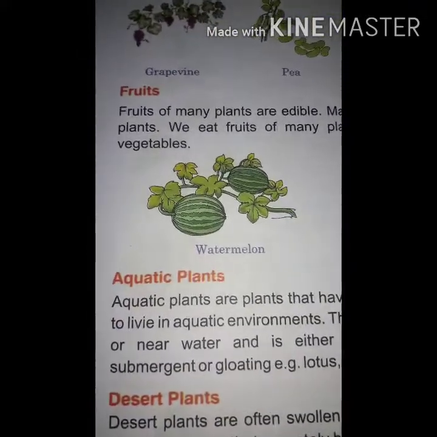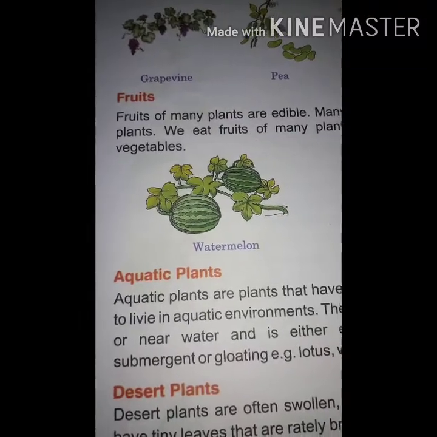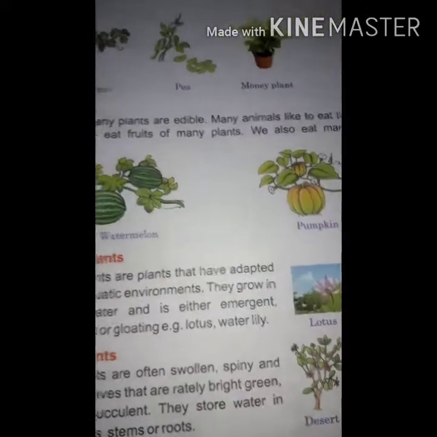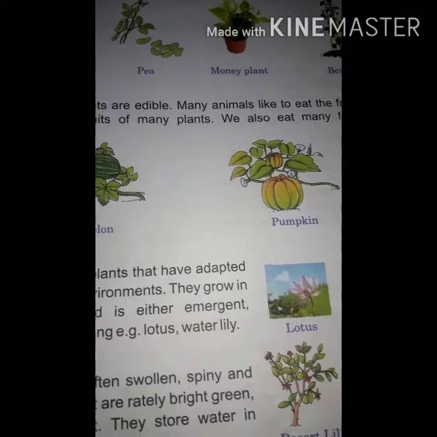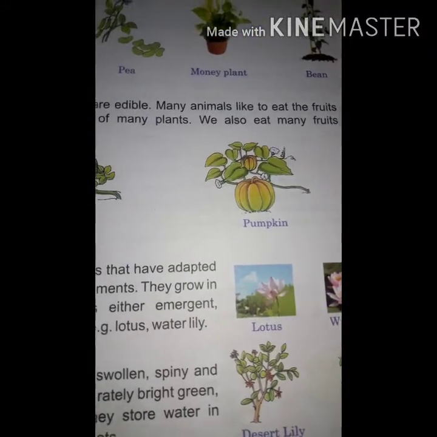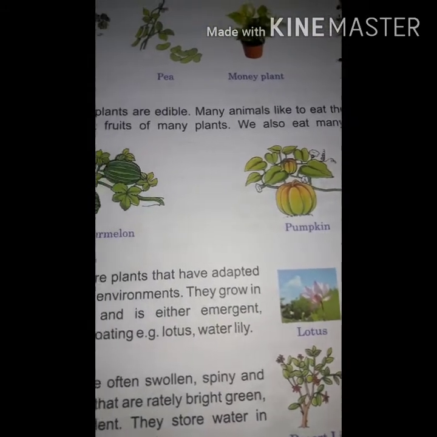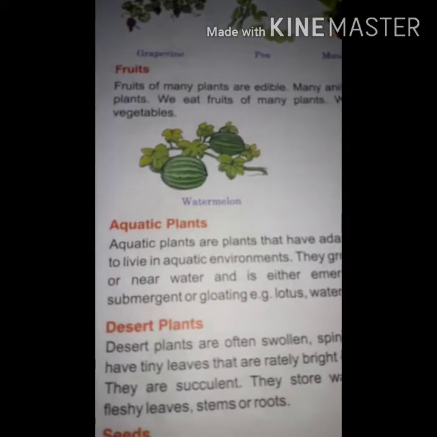Now on the next page, the first figure is grapevine. Then next is pea, you can see the plant of pea. Then money plant. And the next one is bean. You see the differences in colors, leaves, stems on the figure.